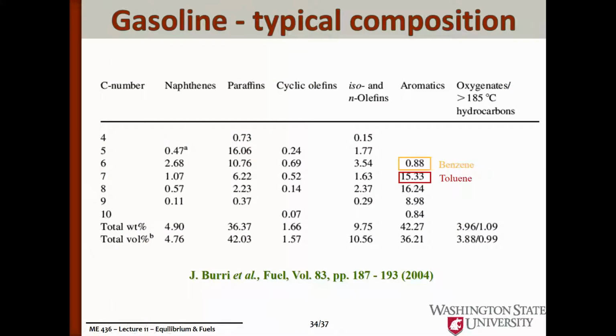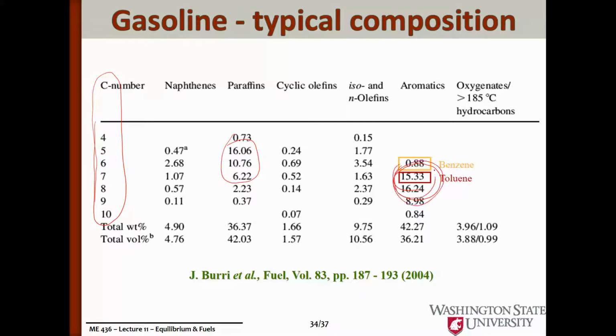Okay, so a typical composition, just as a point of reference. The C number here is how many carbons the molecule has. The majority of it is going to be in this region here. You've got paraffins with fairly low carbon numbers, 5 or 6, and then you get a significant amount of heavy aromatics.